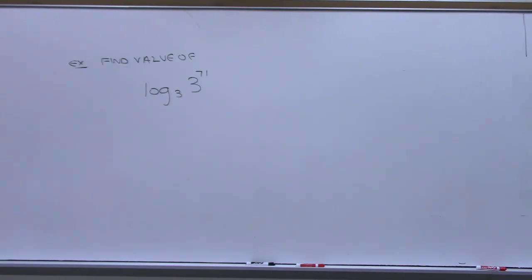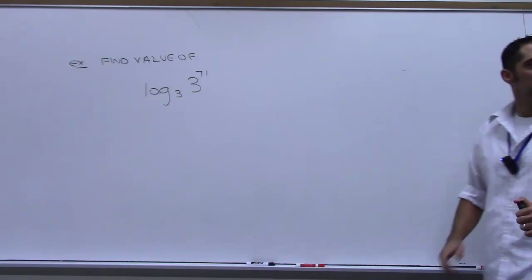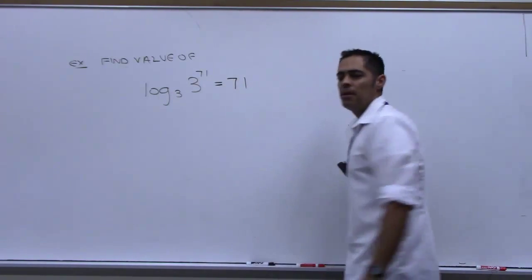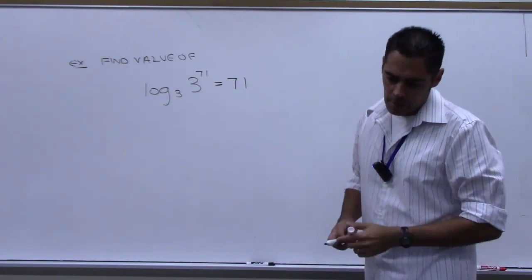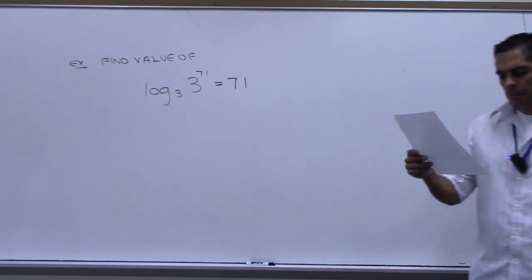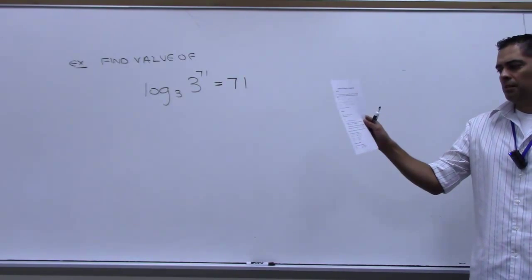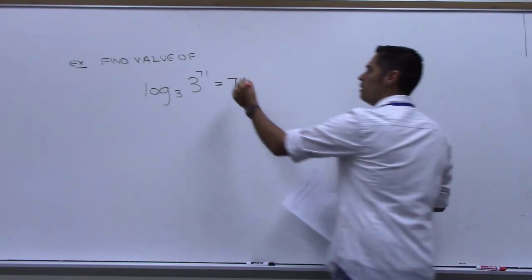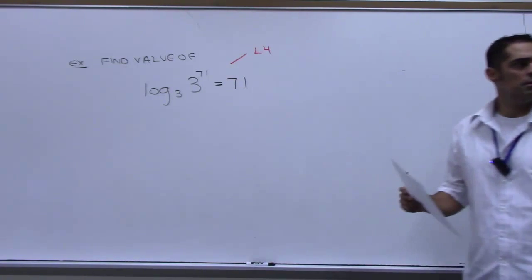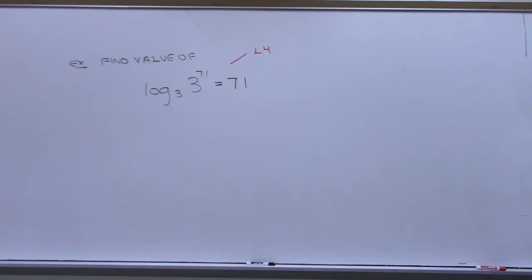Anybody got it? 71. The answer is 71. What property did you just use? It's on here. It's L4. This is from L4. Do you see it? Everyone see L4 on there?